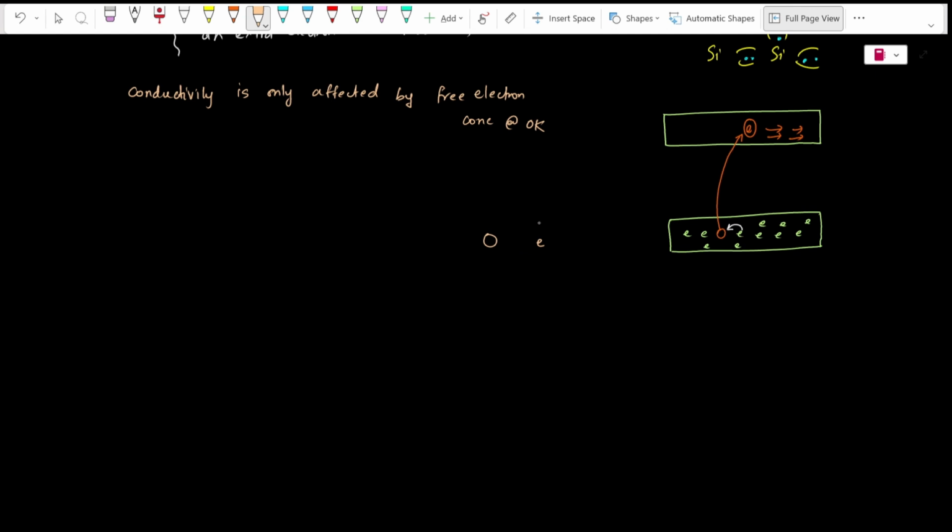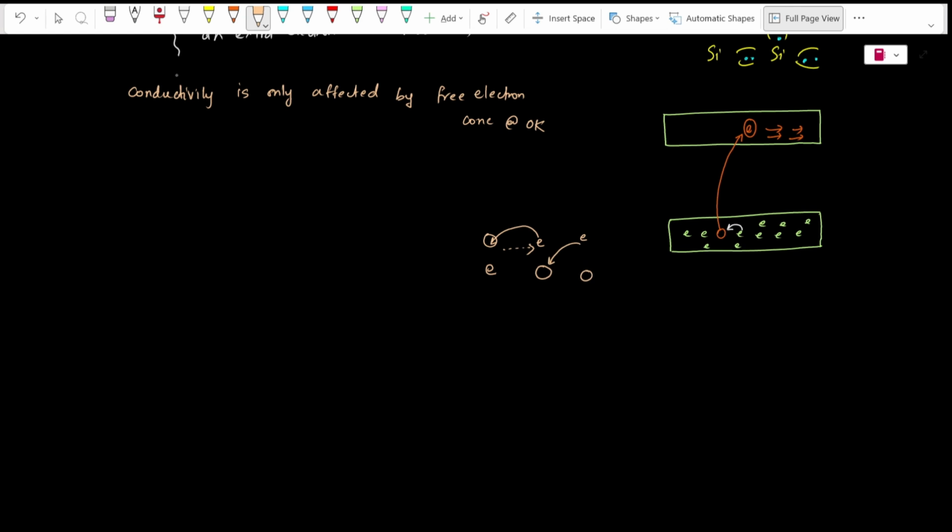So let's say this is an electron. What happens when this electron occupies the hole? This electron comes here, but now here you have a vacancy. So you have this hole slightly moving like this. As one electron occupies the hole, now the hole comes here, right? Now the next electron, let's say there was some electron here, can occupy this hole, and this hole moves here.